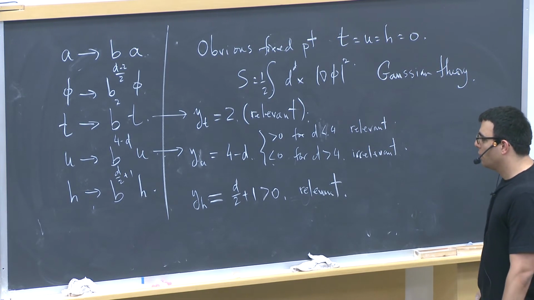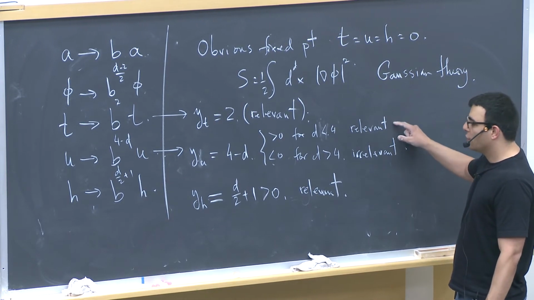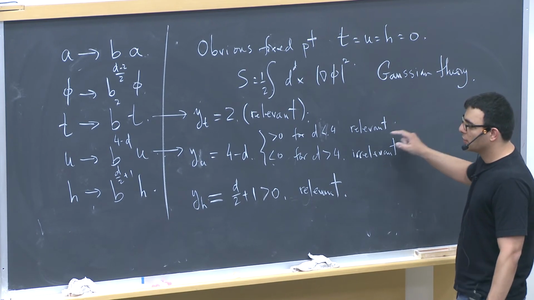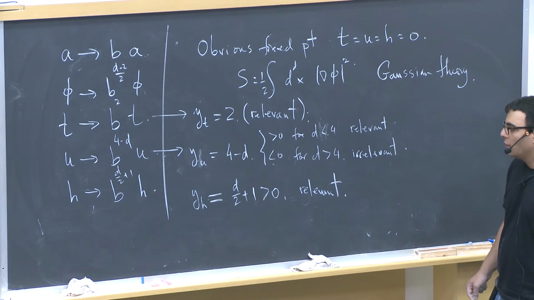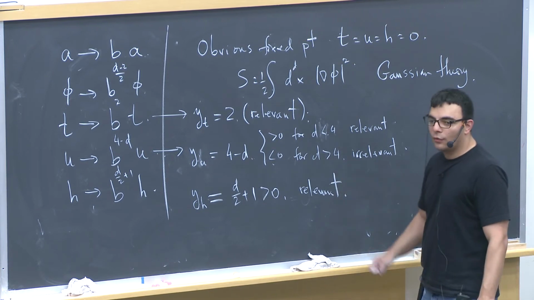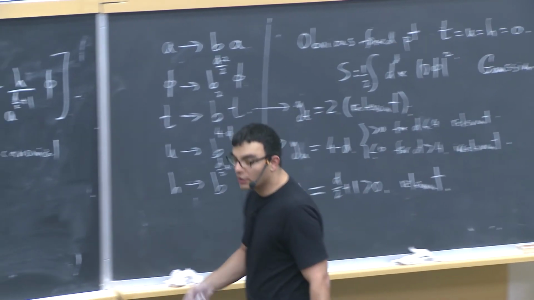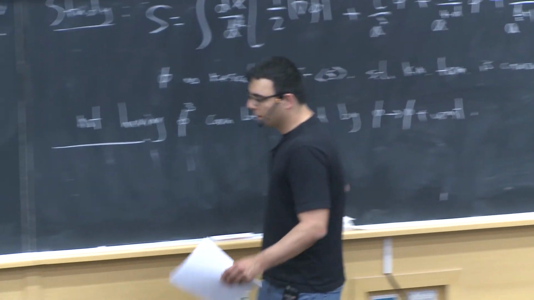So it has no chance of being a good theory describing the critical points if d is smaller than 4. On the other hand, when d is bigger than 4, it does have a good chance of describing the critical point. Okay?